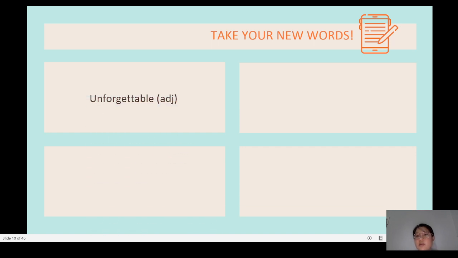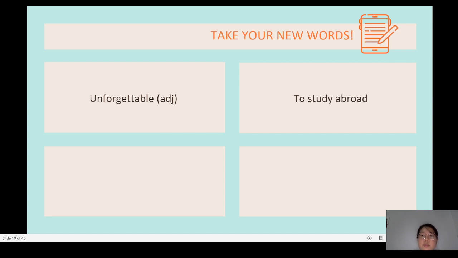Here are some new words that I have used in my sample. You can see here, unforgettable. It means that something is really impressive or really important that you can't forget it after all.